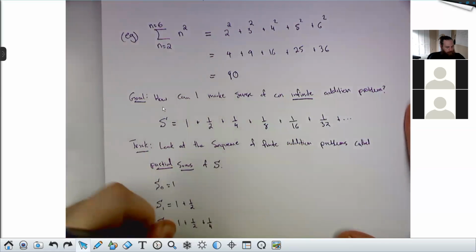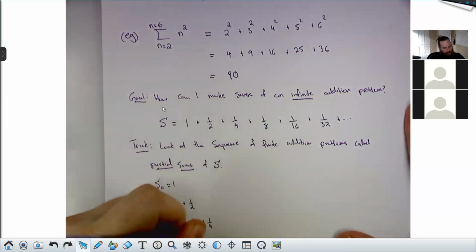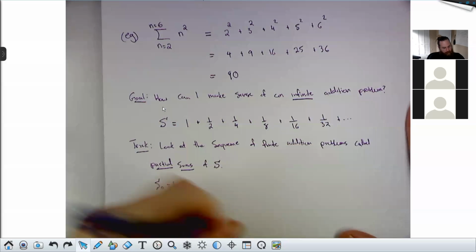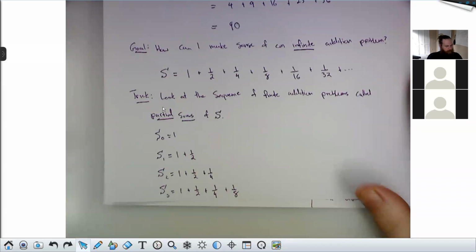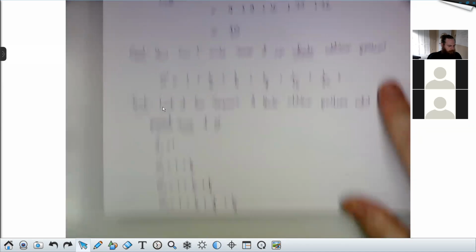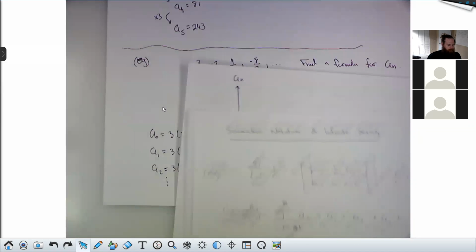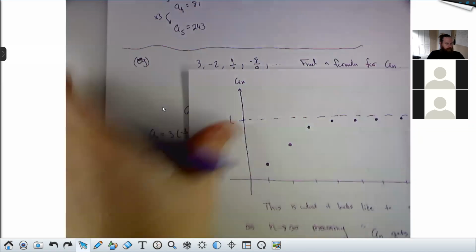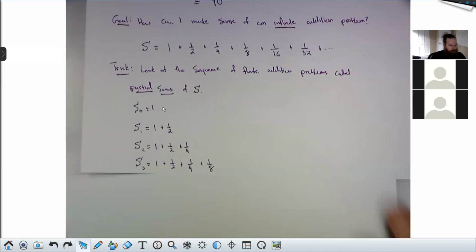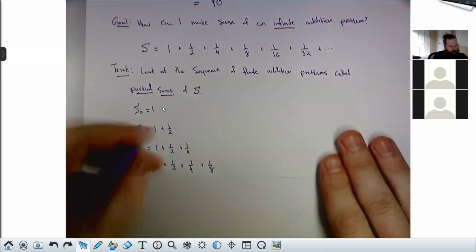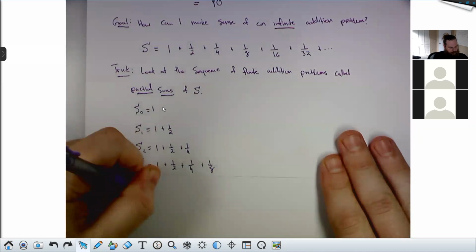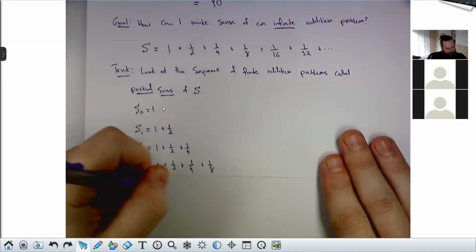The next partial sum is 1 plus 1/2 plus 1/4 plus 1/8. I'd like to compute these and see if we can't find a pattern. Let me get rid of some of this stuff. The next one I'll write down and then we'll compute them is S4.